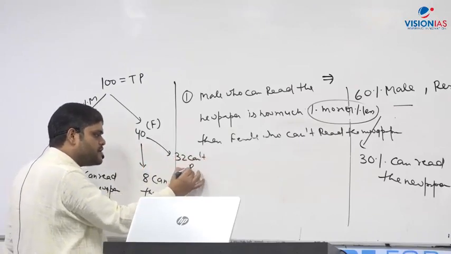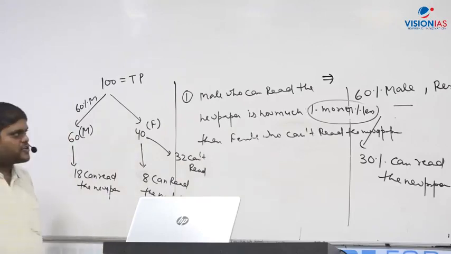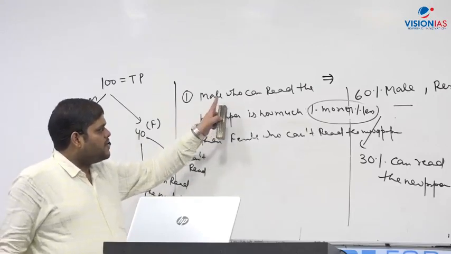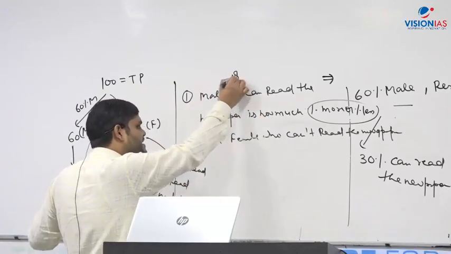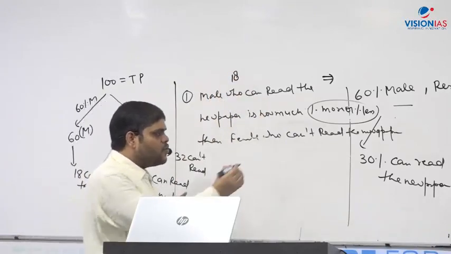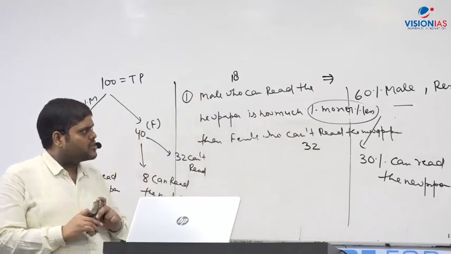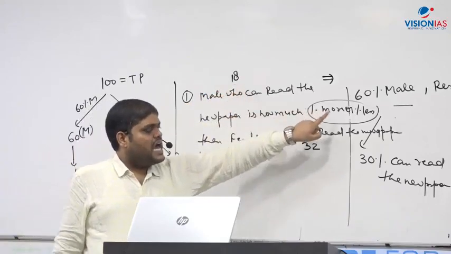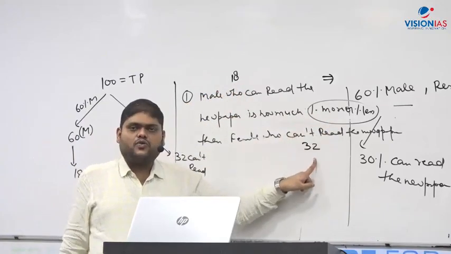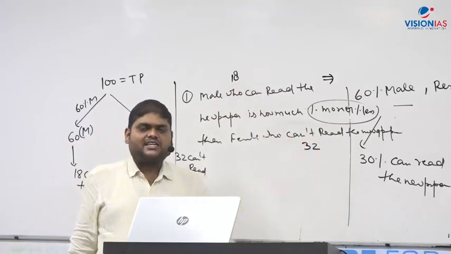Male who can read is 18, and female who can't read is 32. So the question becomes: 18 is how much percent less than 32?